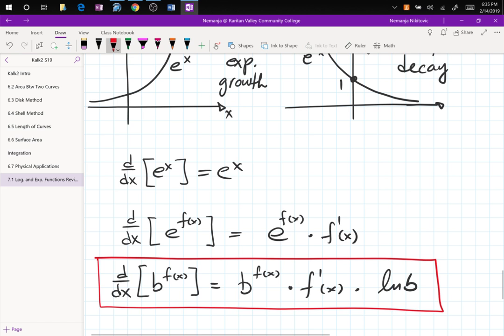So that would be the general case. But again, 99% of our problems in engineering and so on is going to fit that second line.